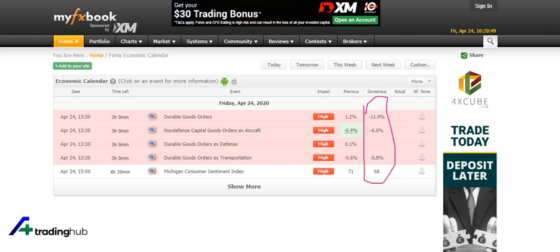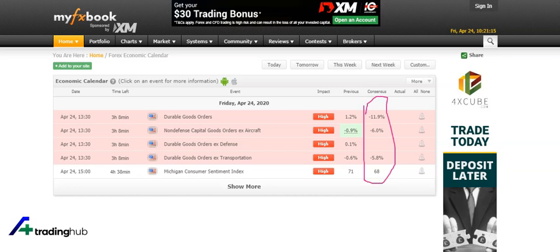Since the pandemic is there, people are not making purchases. They are not buying things, so that's why there are negative projections on this news right now. But if after the news event these figures don't drop, and they come out positive, that means USD is going to be strong.